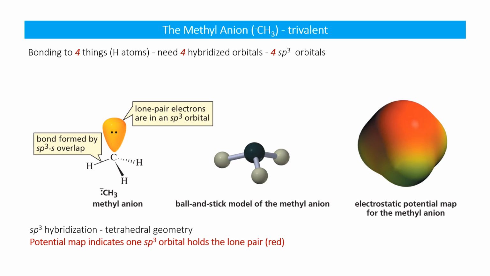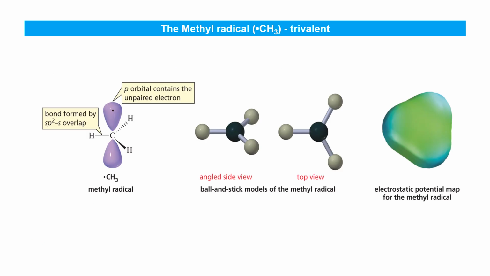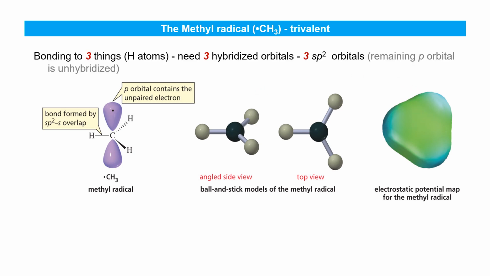The radical species, of course, we can think of as having the sp2 hybridized carbon, and then we have a p orbital, but this time around, the p orbital that's perpendicular to the plane of the molecule has one electron present. You can see that we have this green electrostatic species, meaning that it is quite neutral.